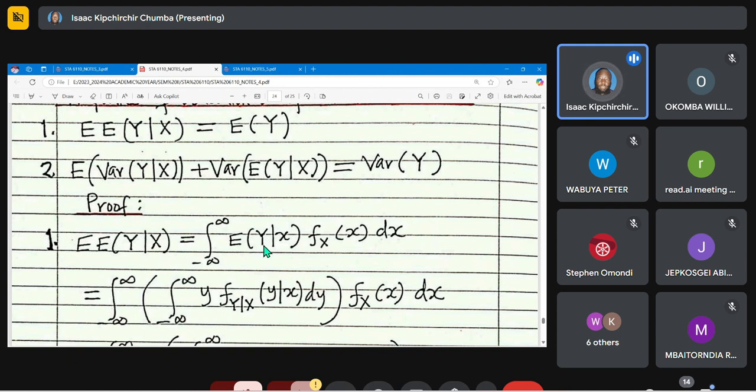I'm assuming we are dealing with continuous variables. For discrete, you just need to sum, so don't worry. So expected of Y given X. You look at this first. This is another variable which takes this value.